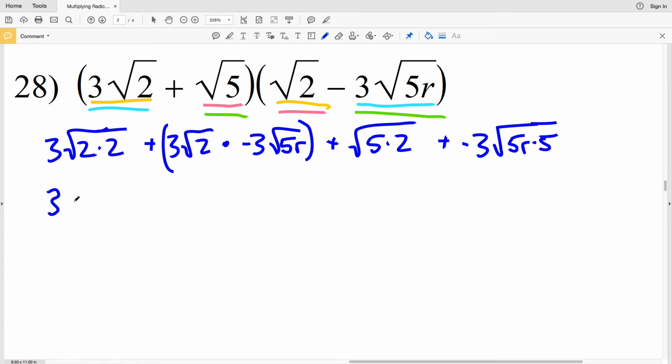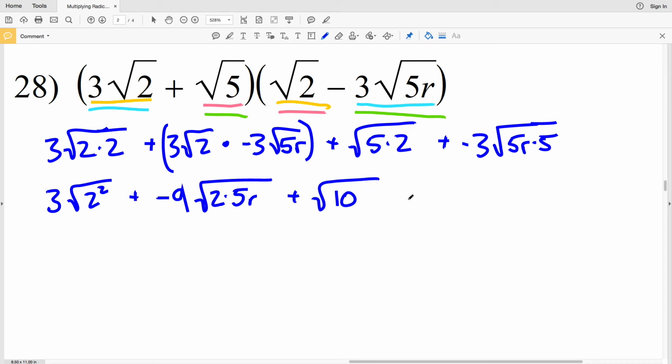So I'll have 3 times the square root of 2 squared plus 3 times negative 3 is negative 9 times the square root of 2 times 5r plus the square root of 5 times 2, which is the square root of 10, plus negative 3 times the square root of 5 squared times r.